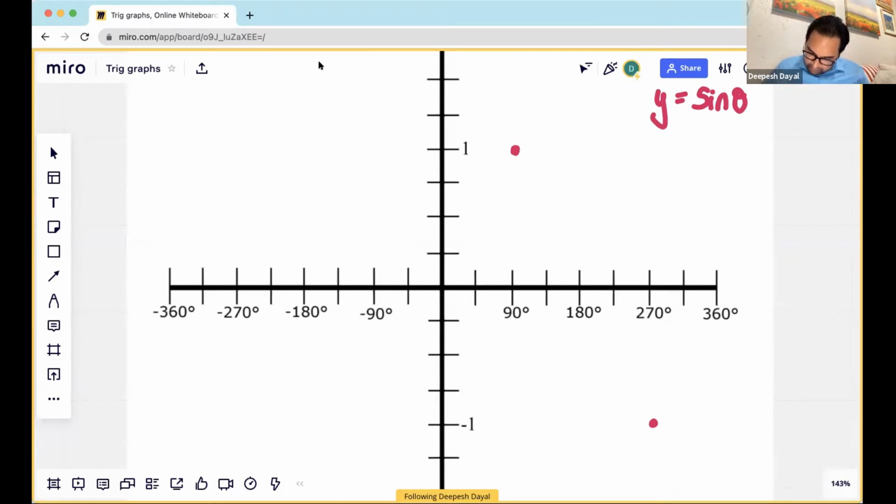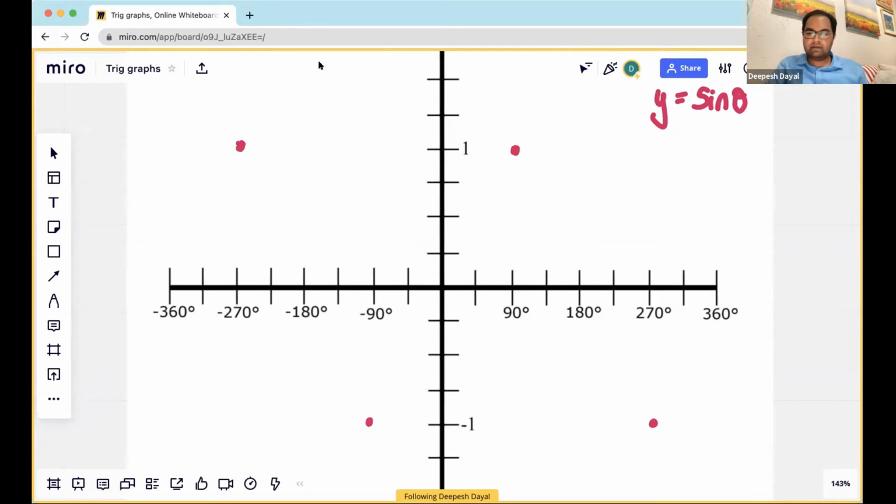So there. And then we've got at -270 degrees and 1. I hope that's in the right spot. I think it is, yeah.